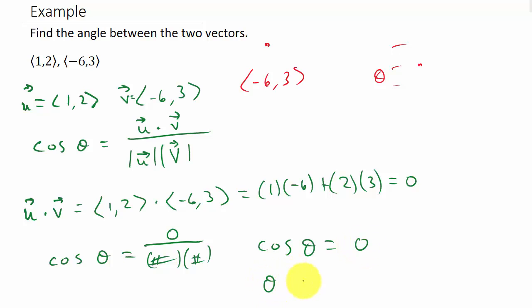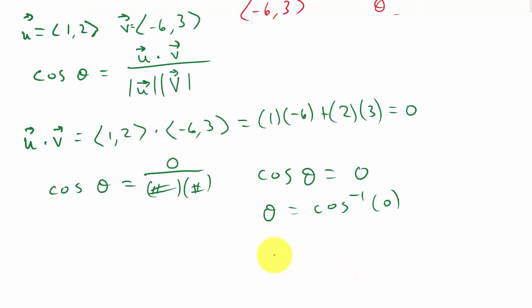So theta is the inverse cosine of 0, so theta is 90 degrees. And that's your answer. If the dot product comes out to 0, then you can stop. You don't need to find the magnitudes.